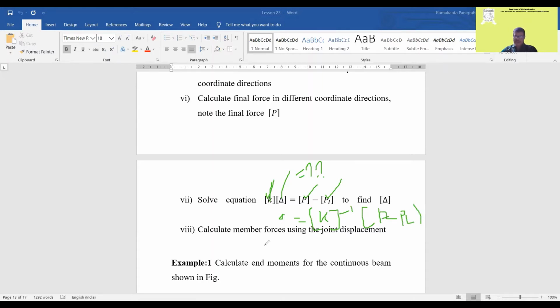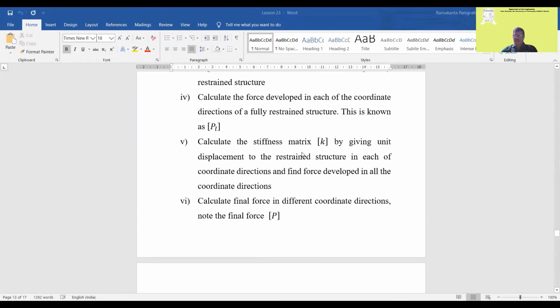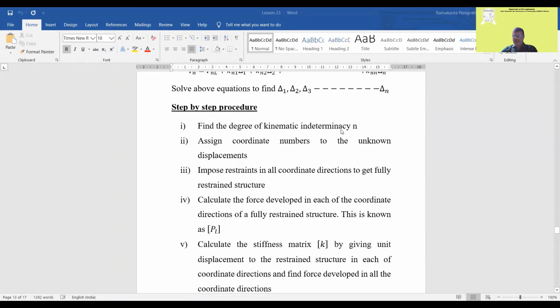Once you find delta, then calculate the member forces using the joint displacements. So by taking each member and knowing the joint displacements, you can find out the member forces. So these are the steps to be followed for each problem. The important thing is you have to identify the kinematic indeterminates first, and that will give the degrees of freedom.